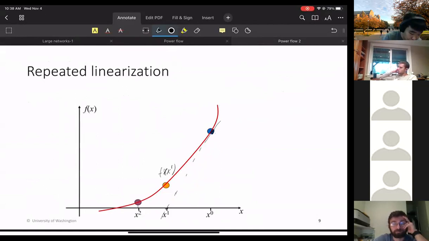Then you drop a tangent, then you evaluate the point f of x2. It's not 0 yet, but it's getting quite close. And hopefully this process will converge to the true zero of the function. So this is the idea of successive linear approximation. For each linear approximation, you're getting closer and closer to the true solution. And hopefully after some steps, you'll be close enough to the true solution.